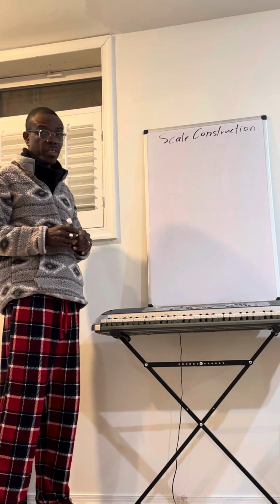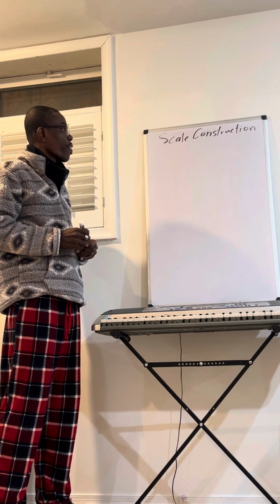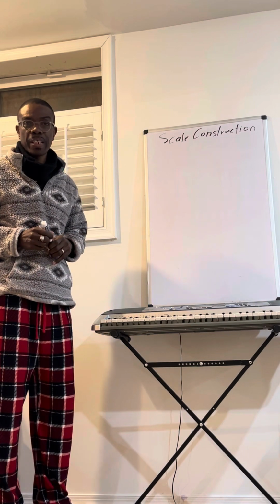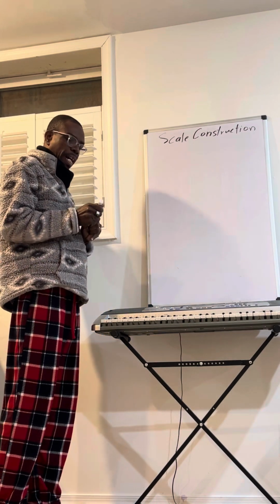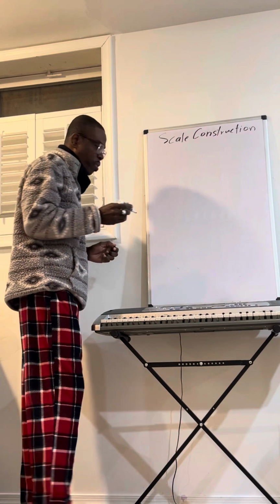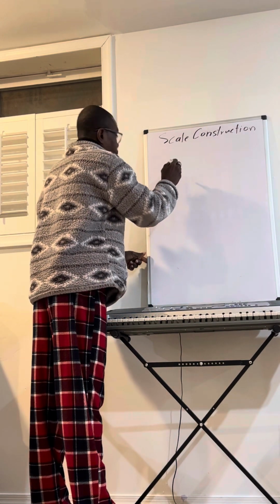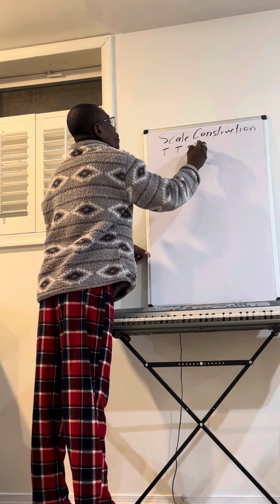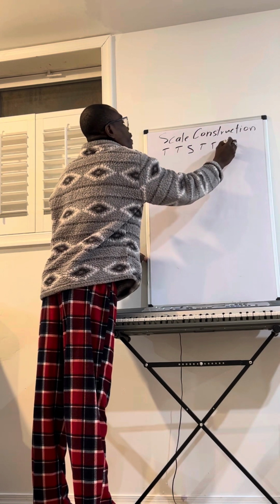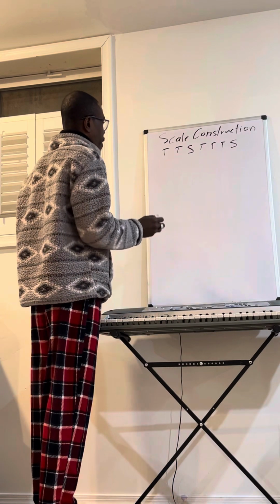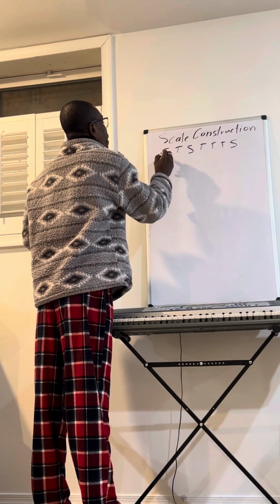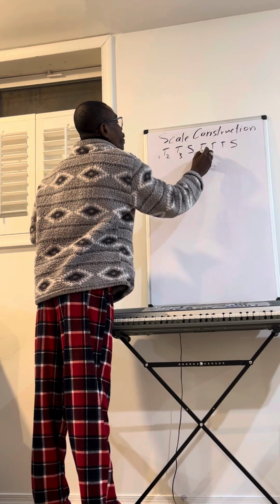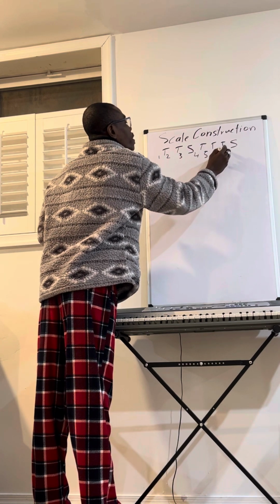Scale construction. We did say last week that the scale has a specific pattern of tones and semitones. And we said that pattern is tone, tone, semitone, tone, tone, tone, semitone, meaning between the first and second notes, third and fourth notes, etc., 5, 6, 7, and 8.